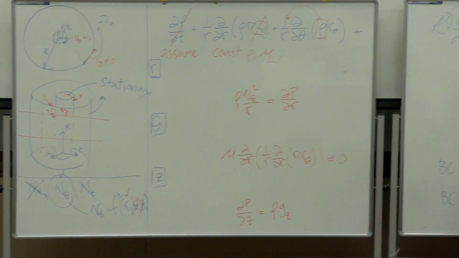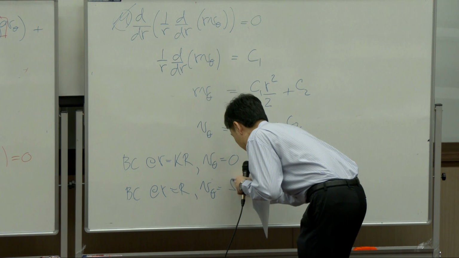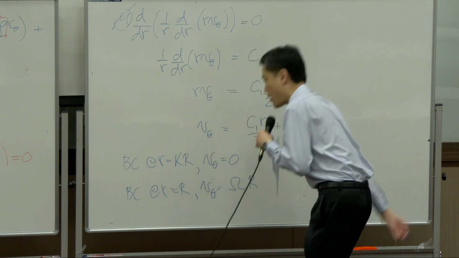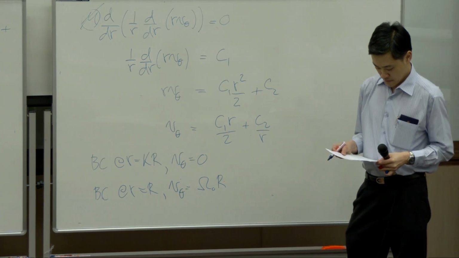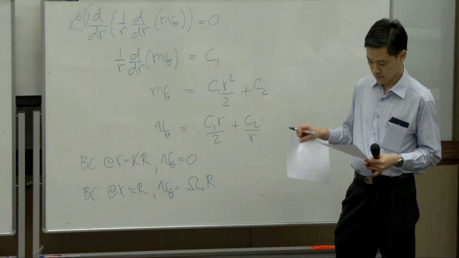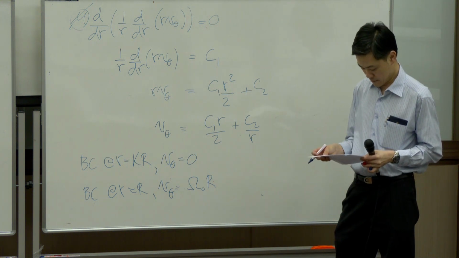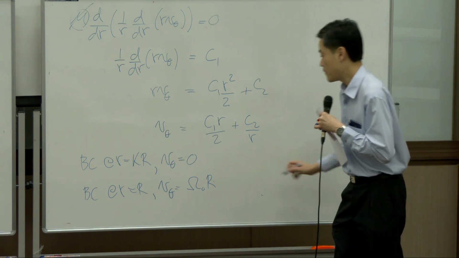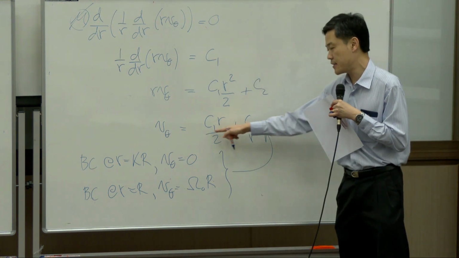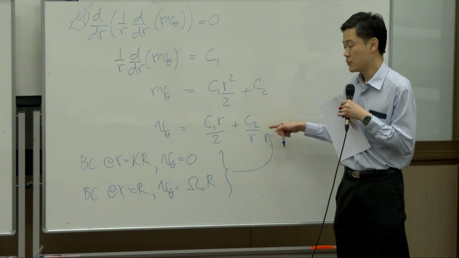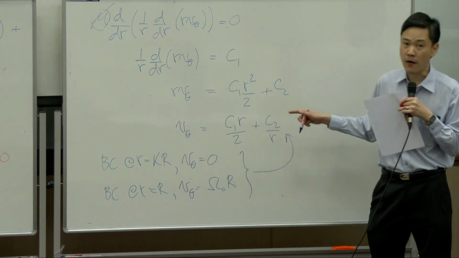So at r equal to capital R, v theta is basically omega 0 times R. All right? From these two boundary conditions, plug them back in here, you can solve for C1 and C2, then you end up with the velocity profile.